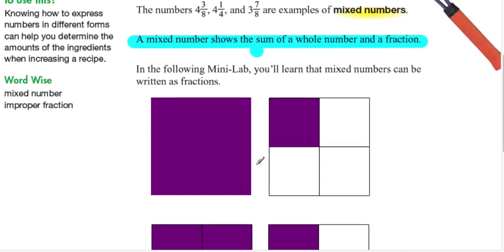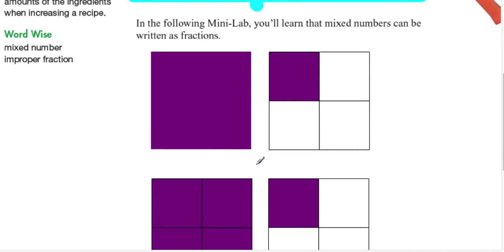Let's take a look at this exercise and see how we can compare mixed numbers written as fractions. If we write this block as a mixed number, I can see that I have one whole square and 1/4 of the other square, so I can name this 1 and 1/4.